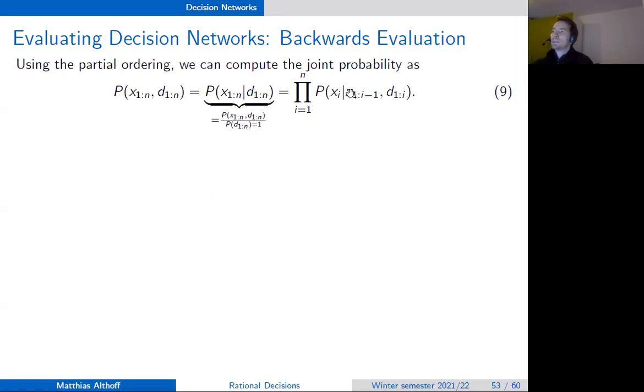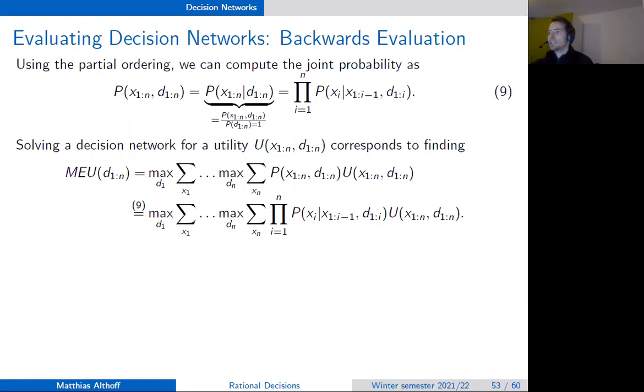And then you can simply use the chain rule, where you always take the probability of x_i given the previous random variables and the previous decisions, and then multiply that with the next previous one and the next previous one, and so on. So we will use this now in the formula for the maximum expected utility.